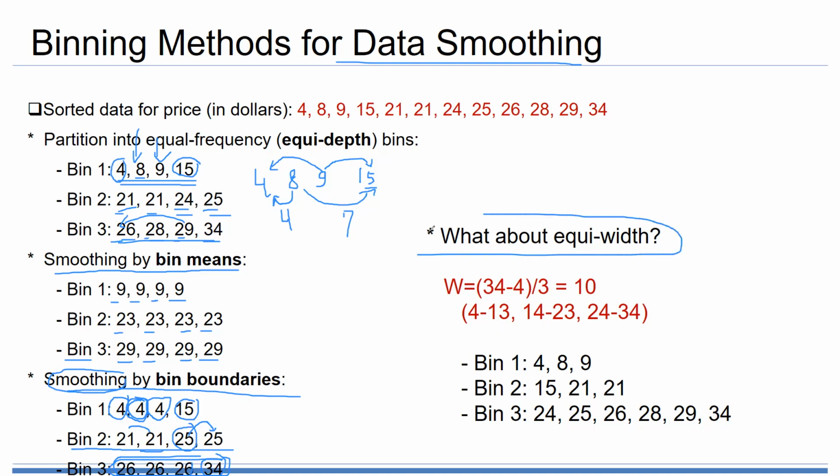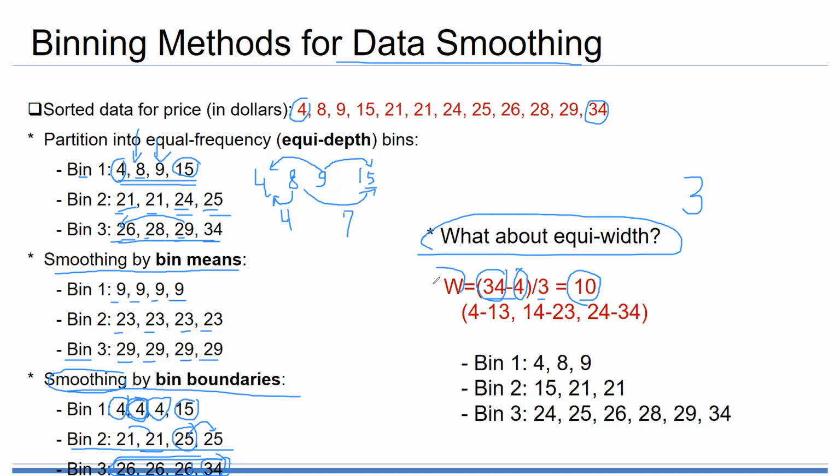What about the equal width? It means I want to find the width by finding the maximum, which is 34, and the minimum, which is 4. Let's say I want to divide the data into 3 intervals, so I have 3 buckets, or 3 bins. 34 minus 4 is 30, divided by 3 is 10.